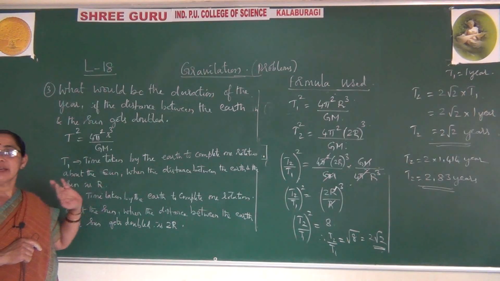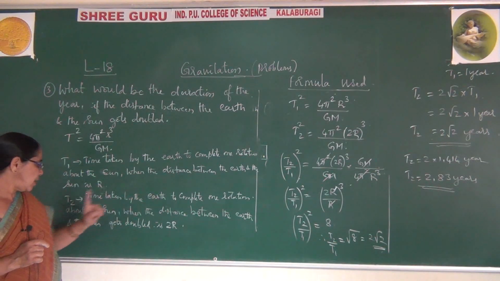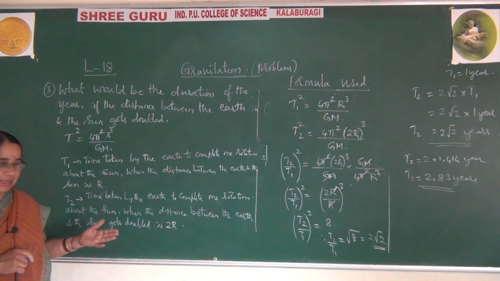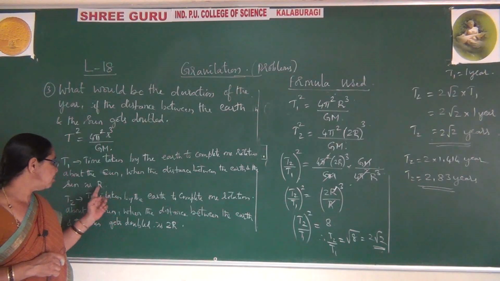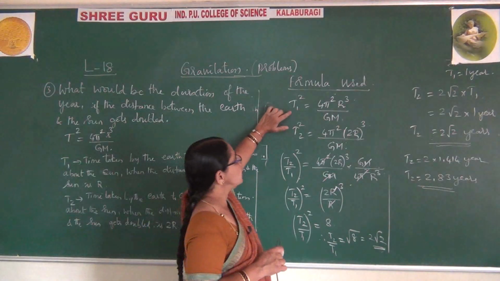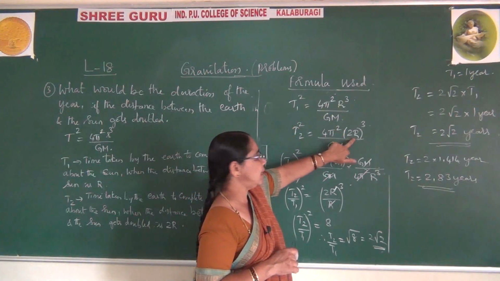T2 is the time taken when the distance gets doubled. So at that time I write r itself becomes 2r. I write as per the question, this is T1, this is for T2. This r will get doubled here.